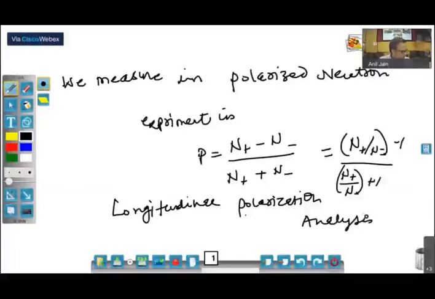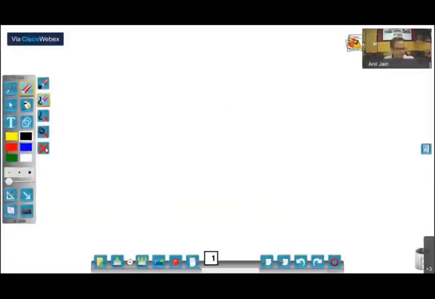Now the question comes: how can you produce the polarized neutron beam? The most common technique of producing a polarized neutron beam is utilizing a Bragg reflection from a magnetized monochromator.